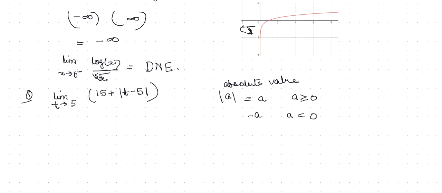So this function t minus 5 is 0 at t is equal to 5.